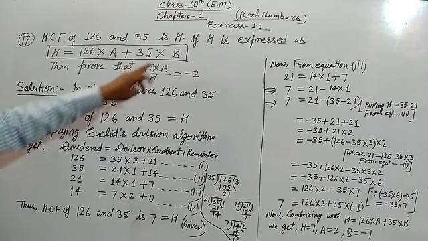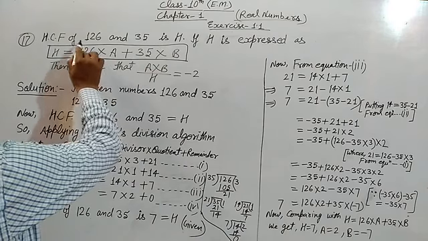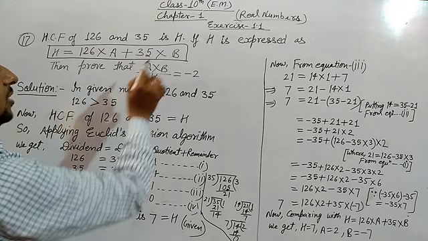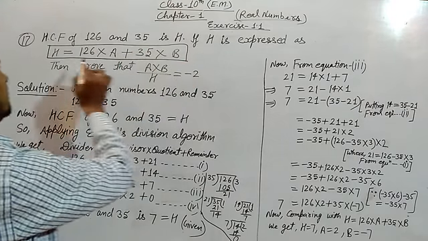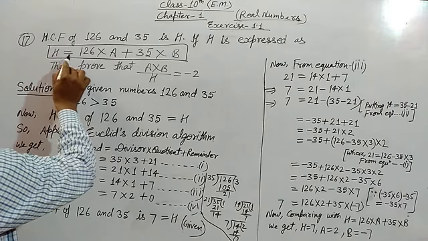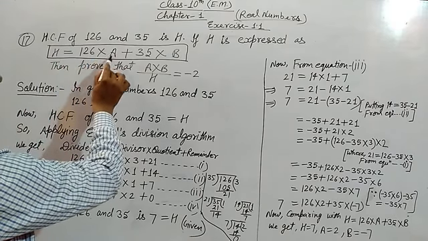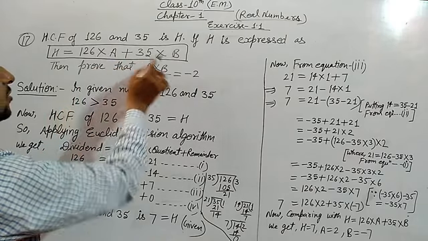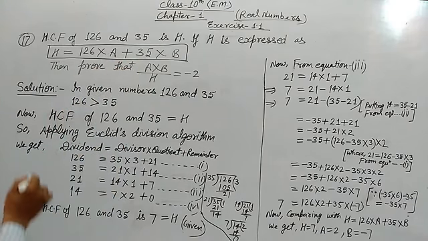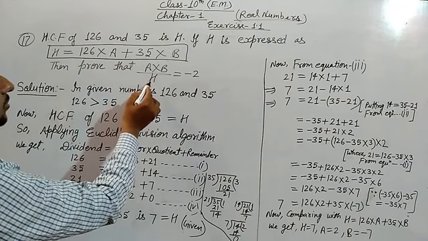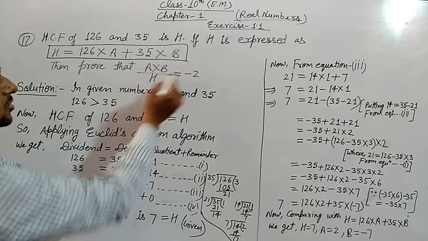So the question says that the HCF of 126 and 35 is capital H, and capital H is expressed in this form: H is equal to 126 into A plus 35 into B. Now prove that A into B upon capital H is equal to minus 2.